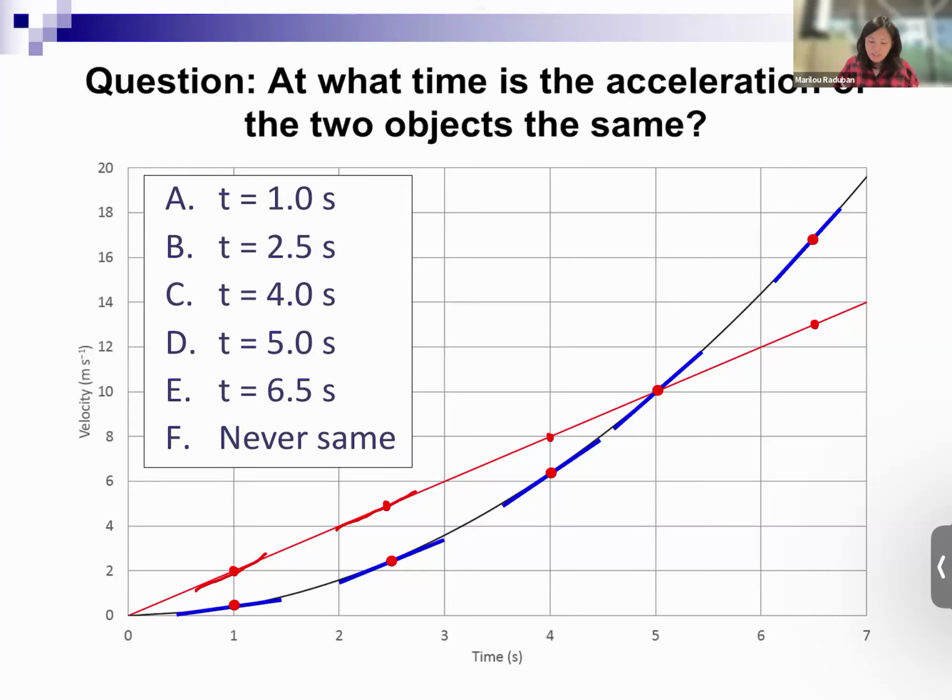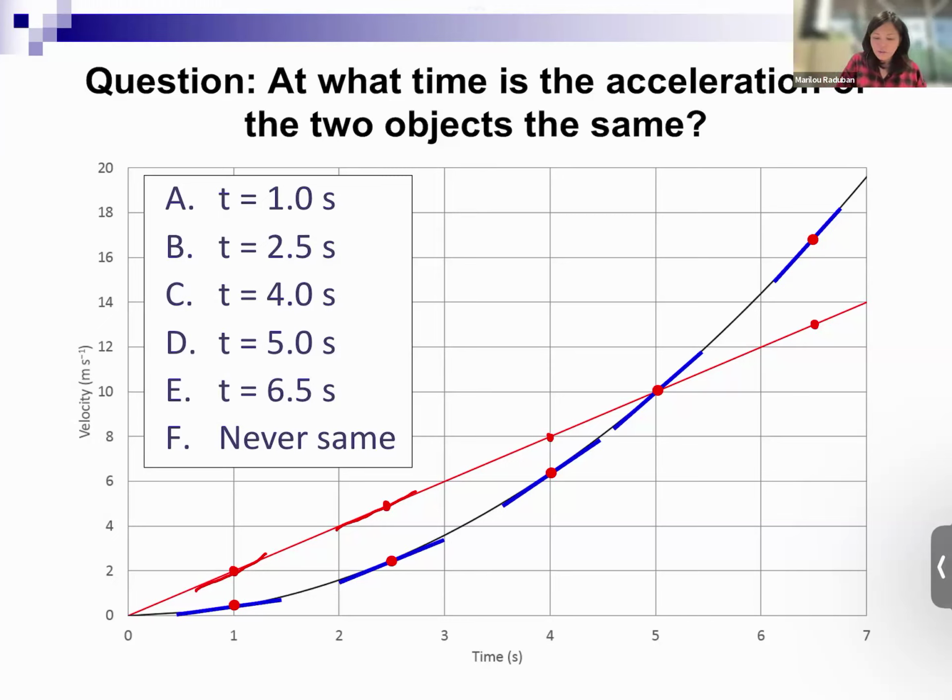Okay, so just looking at the tangent lines here, at which time do you think the objects will have the same instantaneous acceleration? Right? The slope of the graph will give you the acceleration.